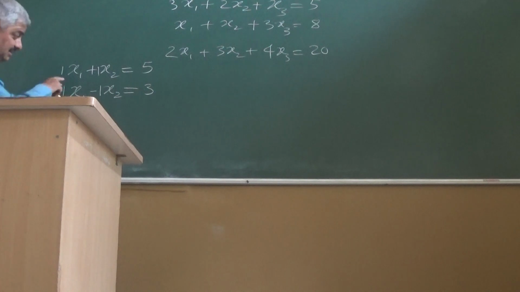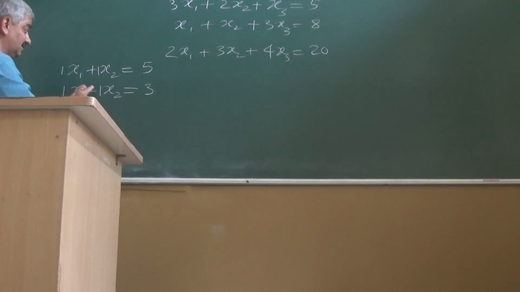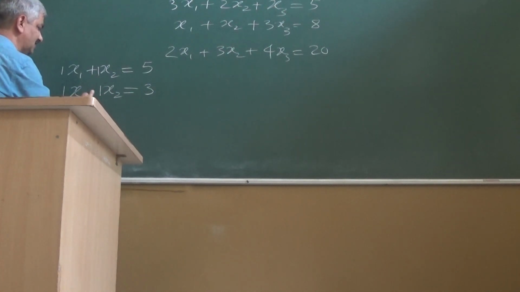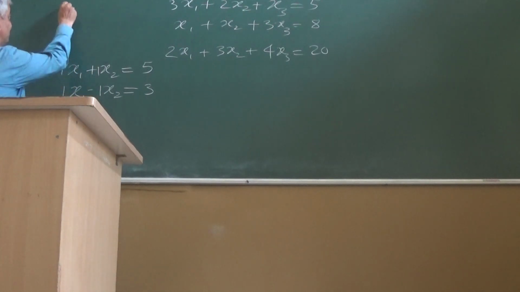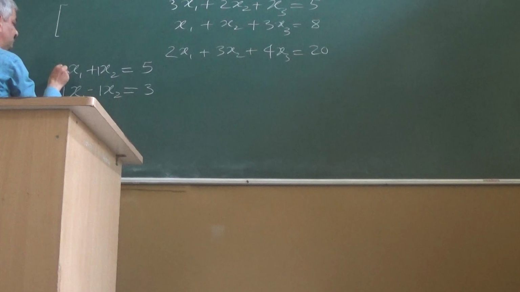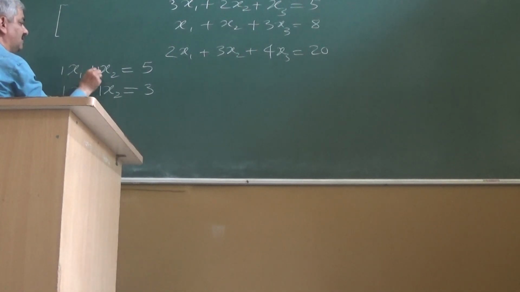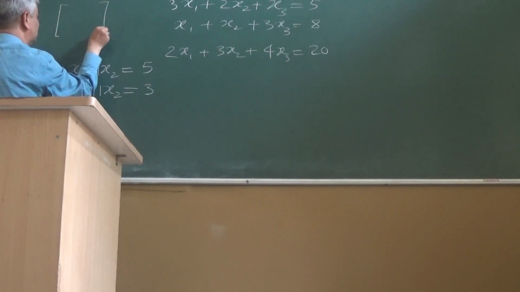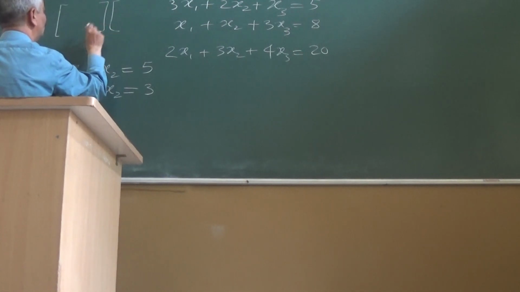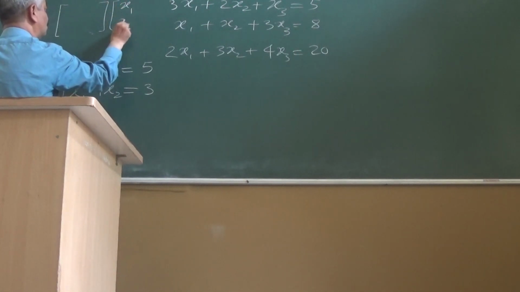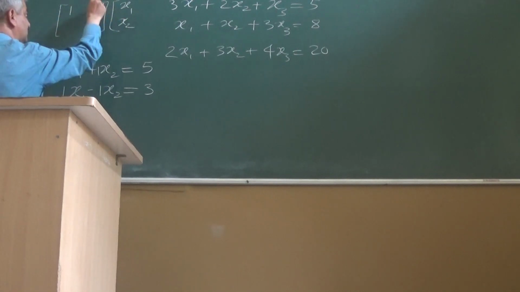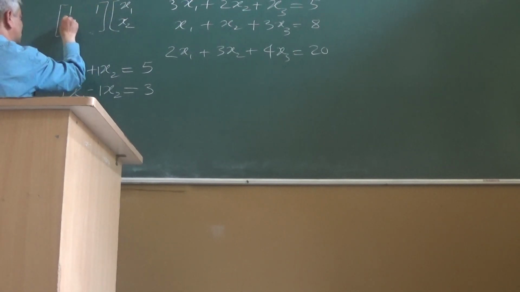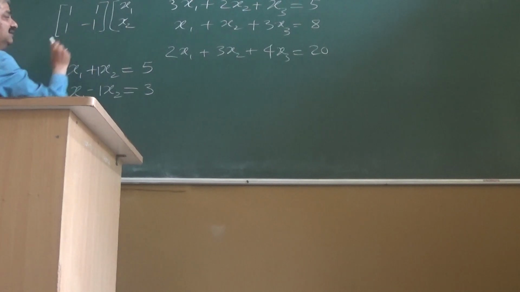So x1 minus x2 is actually x1 plus, I think there is no need to write that much. So this is something into x1 plus something into x2. So this, you know, x1, x2. Something into x1 comes here, something into x2 comes here, something into x1 comes here, something into x2 comes here, right?